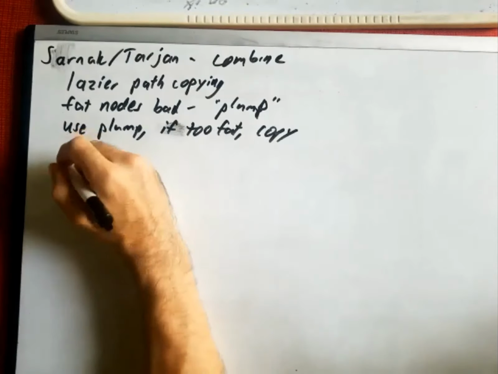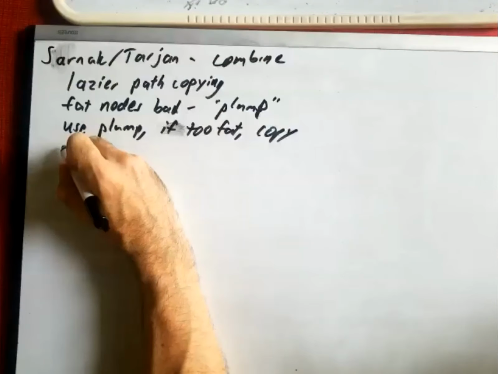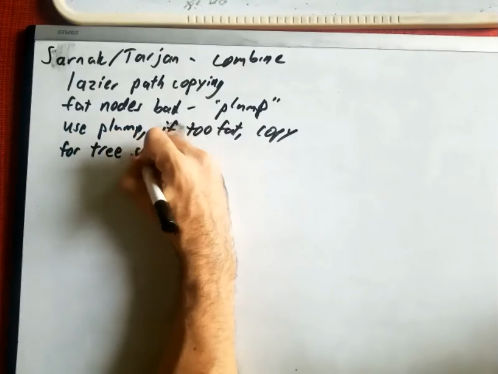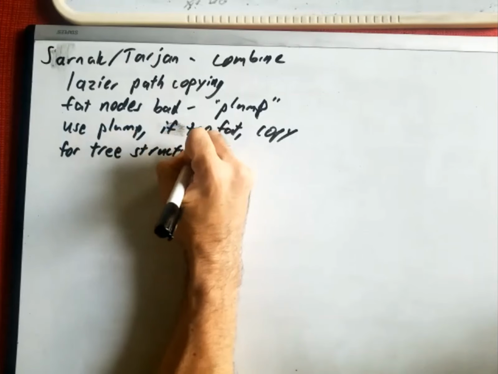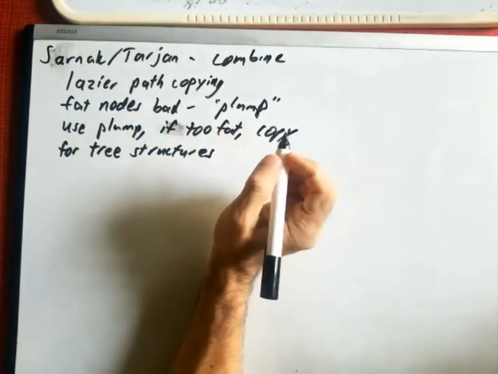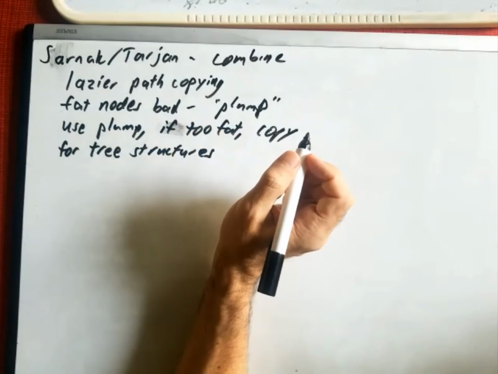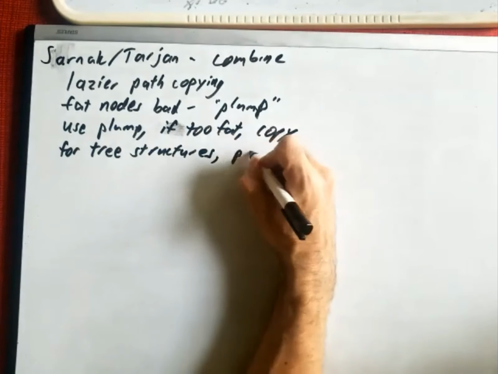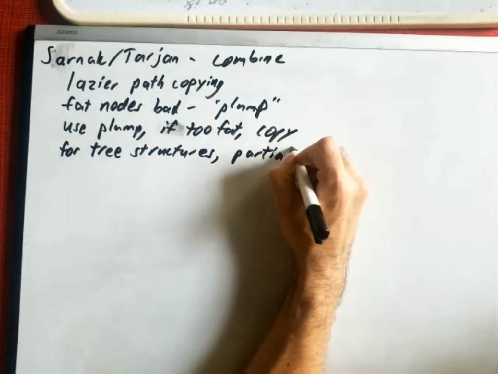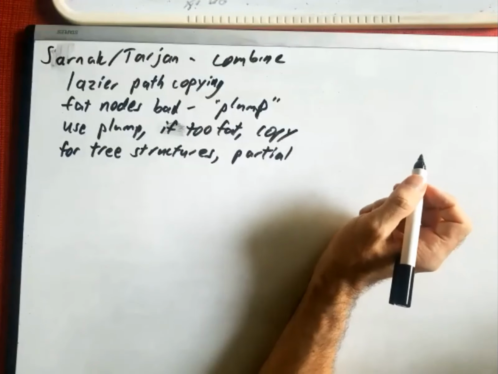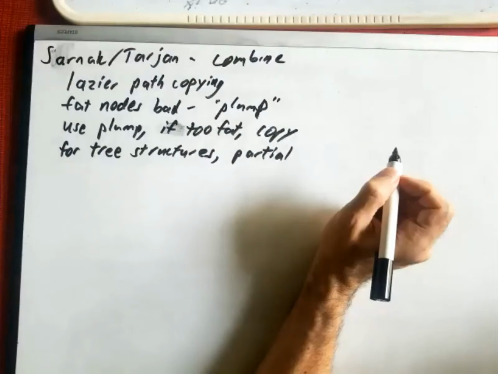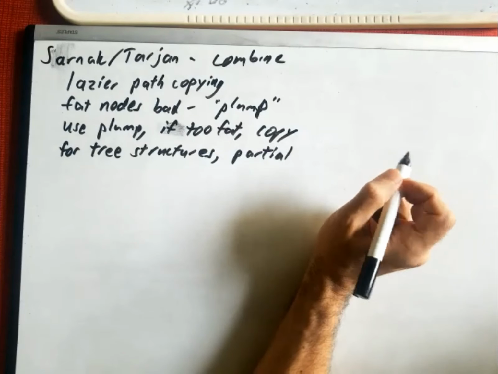Okay. And so I'm going to show you a method that works for tree structures. They generalize this to arbitrary structures. The nice thing about a tree structure is that only one node points at any other node. And I'm also going to focus on the partial persistence story, basically mainly because the notation is much simpler. But if you look at the Sleator-Tarjan paper, you can see how this generalizes in a pretty straightforward way.